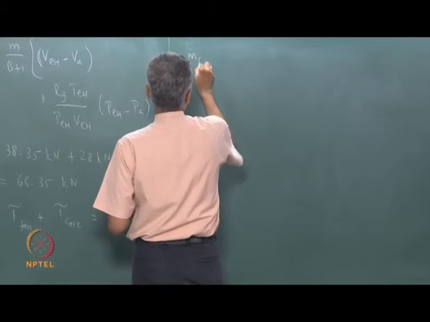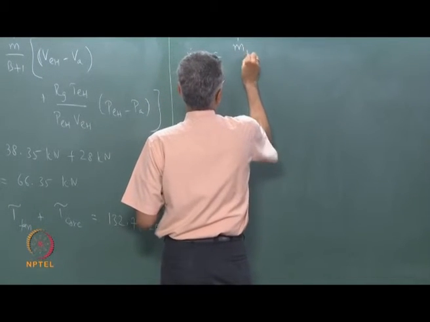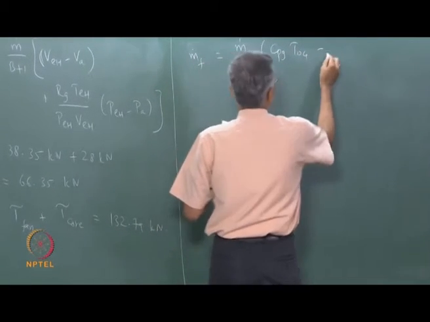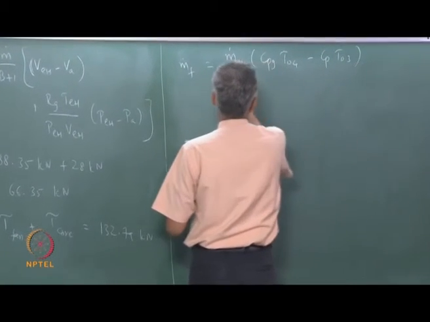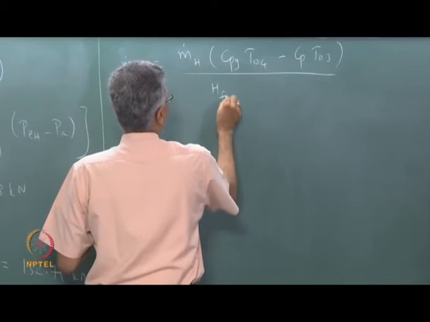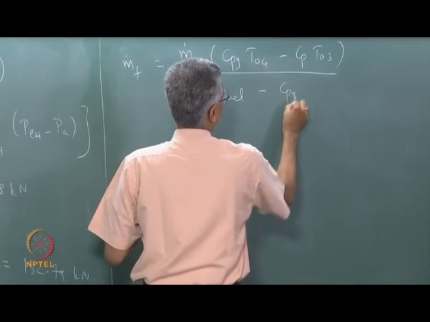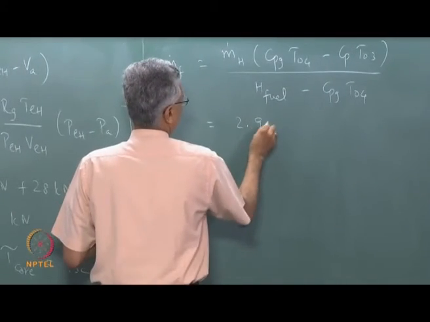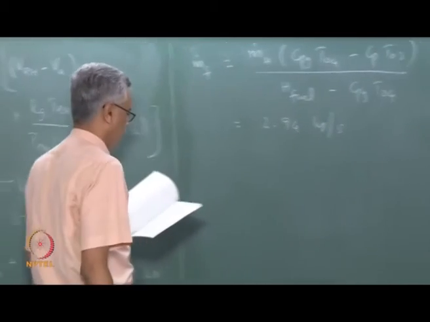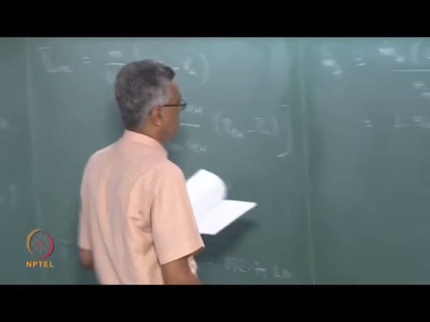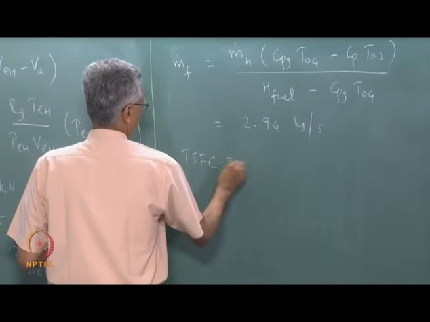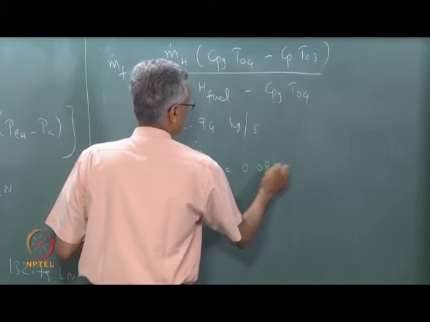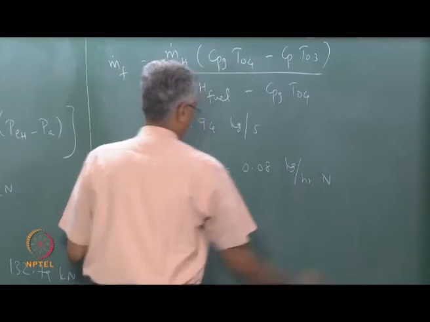So, the mass flow rate of fuel m dot F can be evaluated as m dot H times (CPG T04 minus Cp times T03) divided by (H fuel minus CPG times T04), and if I substitute the numbers, I get this to be 2.94 kg per second. And the TSFC, m dot F over total thrust, works out to be about 0.08 kilogram per hour Newton.